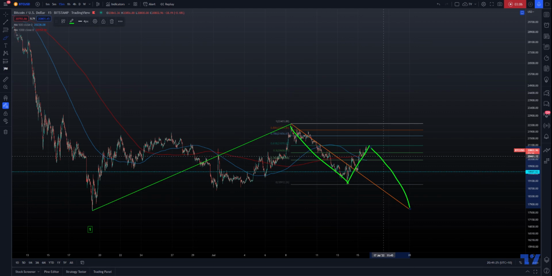Now, that can happen after you see certain things happen. This could either be an already completed correction or it could be part of an ongoing correction, which will eventually produce that move down to that level. Okay.